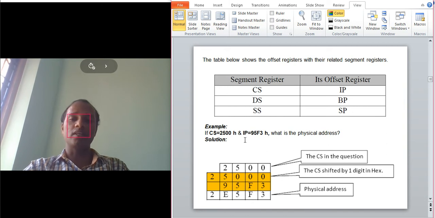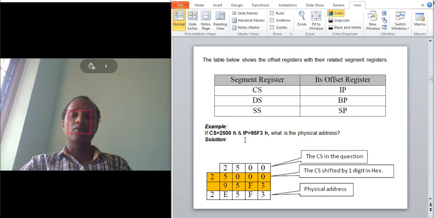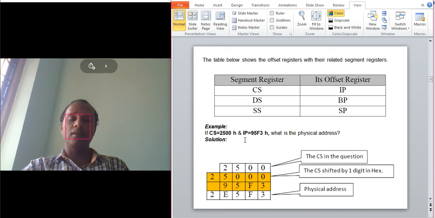In the third step, to the value from the second step you add the offset address. In the fourth step, adding the second and third steps gives you the physical address, which we use to store the data. Okay, so this is the physical address calculation.